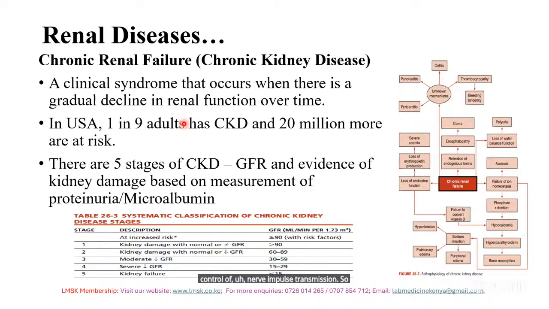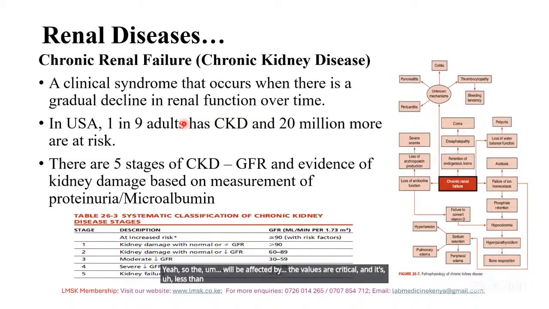So if potassium is low, sodium will be affected, but the values are critical when sodium is less than 120, which you can rarely reach. But potassium, you can easily reach a value of 6, which is already critical, or a value of 3, that's already critical for potassium.